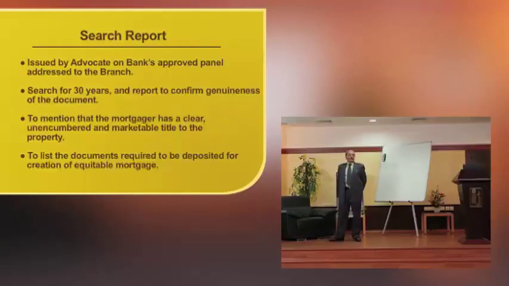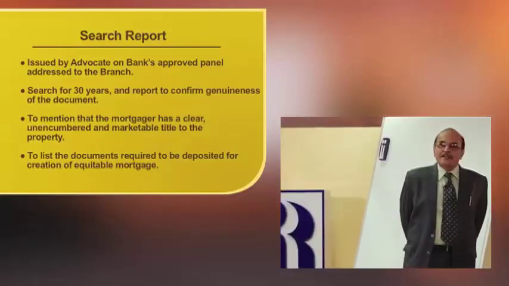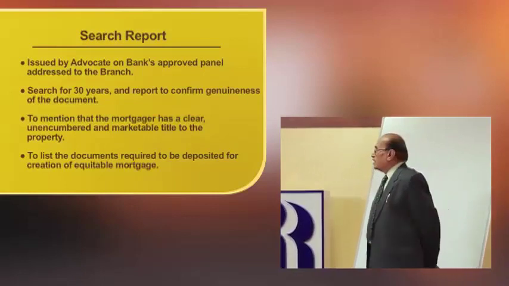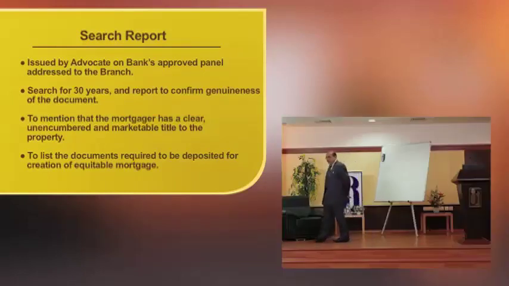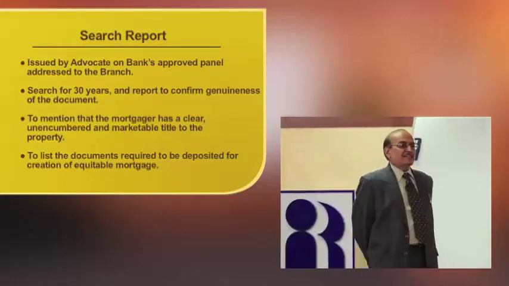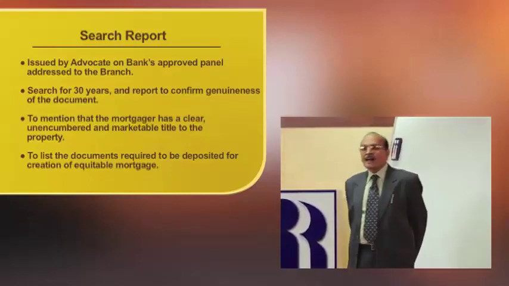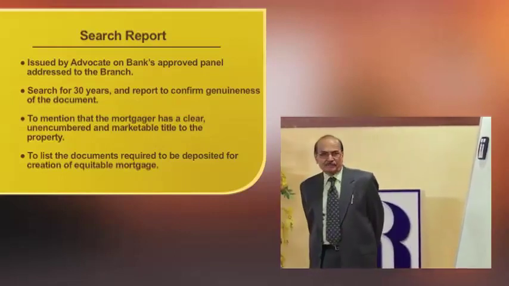The search report which we talked about, given by the bank's advocate, should be for a search for 30 years. And the report given by the advocate should confirm the genuineness of the document. It should also mention the mortgagor has clear, unencumbered and marketable title to the property.